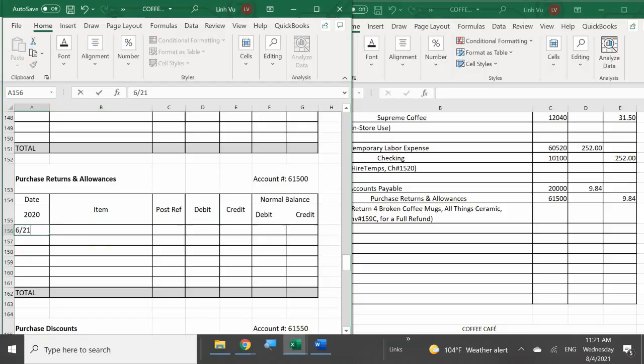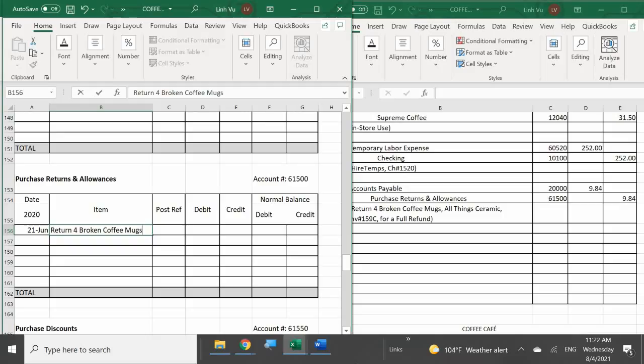Okay. What should be my notes here? All right, return for broken coffee mugs.